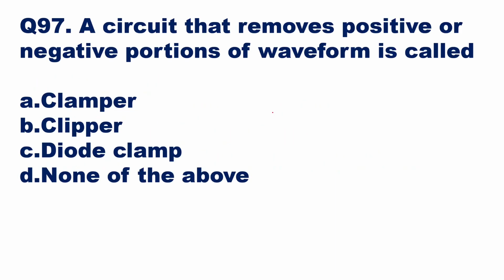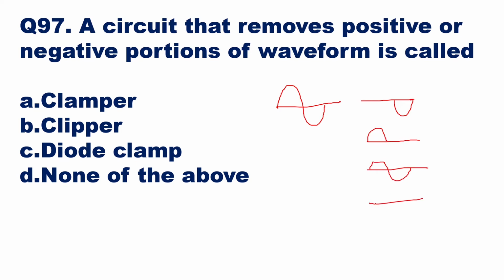Then question number 97, a circuit that removes positive and negative portions of waveform is called. So if your waveform is like this, and if you're going to remove the positive portion or the negative portion, you're going to get an output like this, or like this.